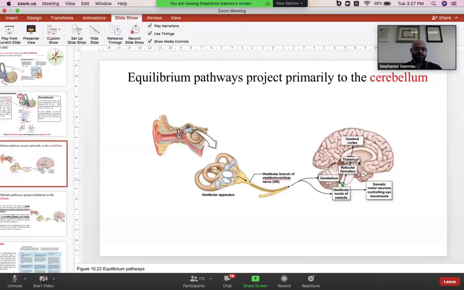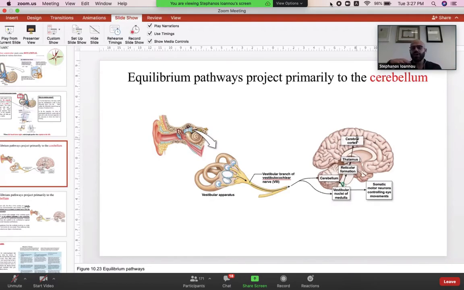Now, if you want me to explain this further, the reason why it travels to the thalamus and then to the cerebral cortex is because, from one point of view, we also have the involvement of the eyes, and from another point of view, the vestibular system also senses if the body is going to fall.